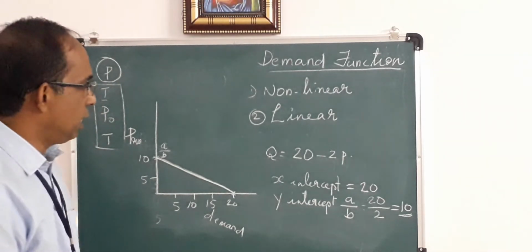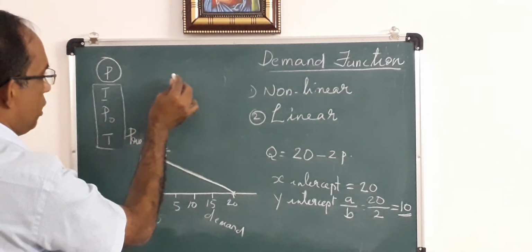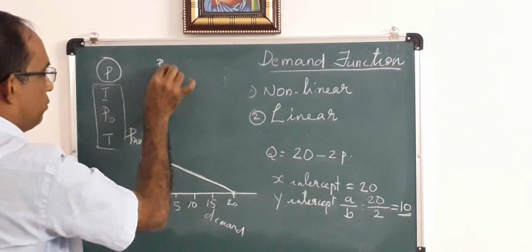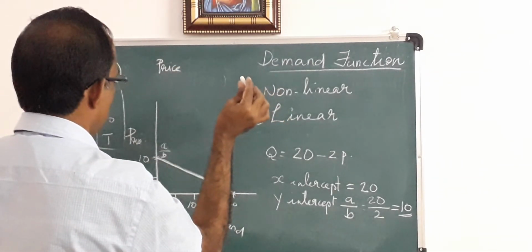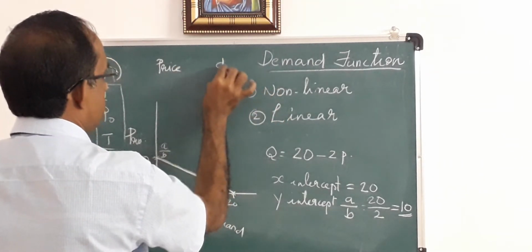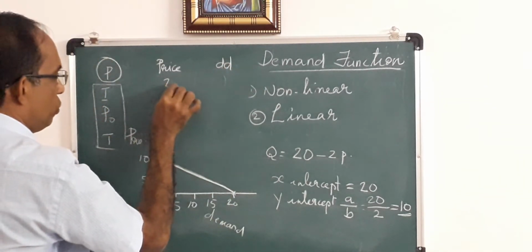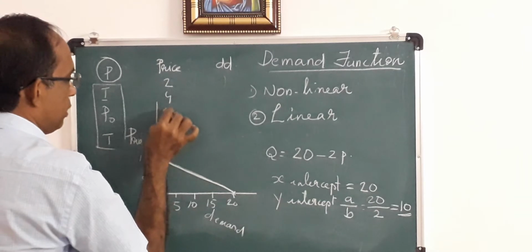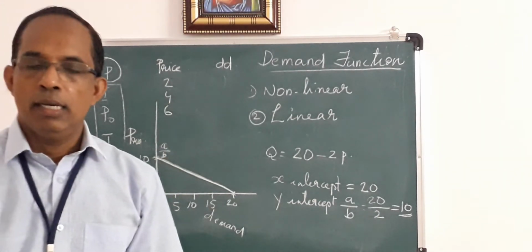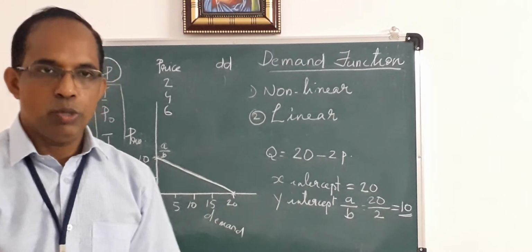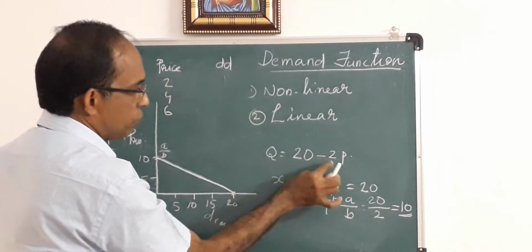And now let us calculate the demand of this consumer HUMR at prices 2, 4, 6. Just substitute the price 2 in this formula.